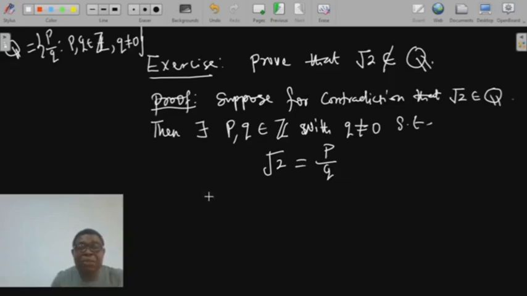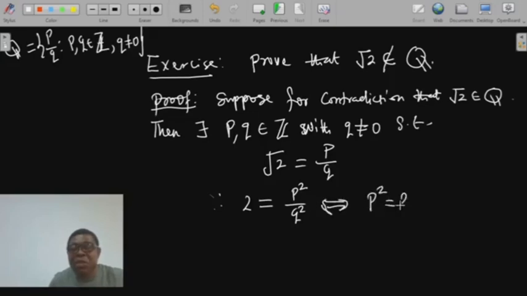Now, with that assumption, root 2 equals p over q gives us that 2 is equal to p squared over q squared, which is equivalent to saying that p squared is equal to 2q squared. And what does this mean?